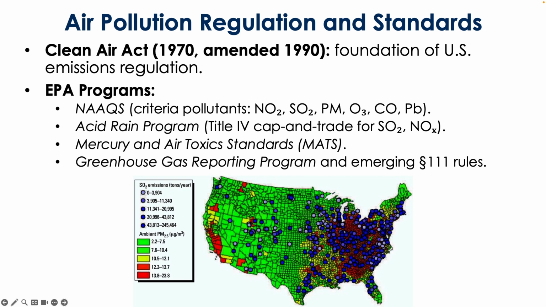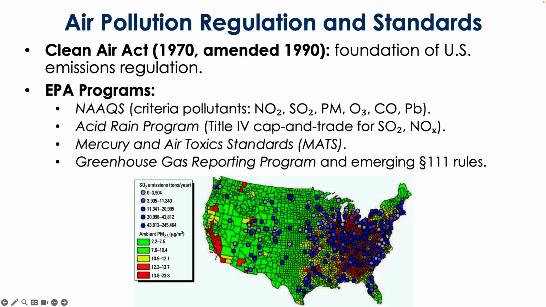So, a number of different programs and rules have shaped the industry, and at least for local health air pollution, things have really improved for a number of decades. Greenhouse gases are maybe a little bit different, right?